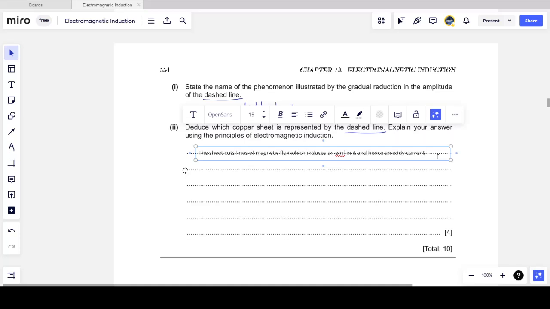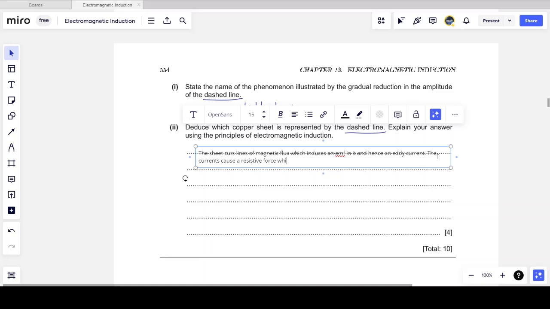So an eddy current is produced in the conducting sheet, and these currents cause a resistive force. And these currents cause heating. So the more current I generate, the greater the resistive force, the greater the heating effect, which is going to take energy from the oscillations of the sheet.